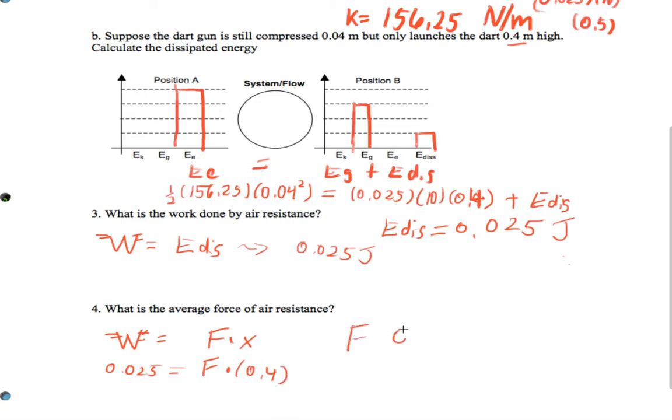So the actual air resistance force is going to be 0.025 divided by 0.4, and when we work that out, that fraction is going to reduce to 25 over 40, which is going to be 5 over 8, which is about 0.51 newtons worth of force.